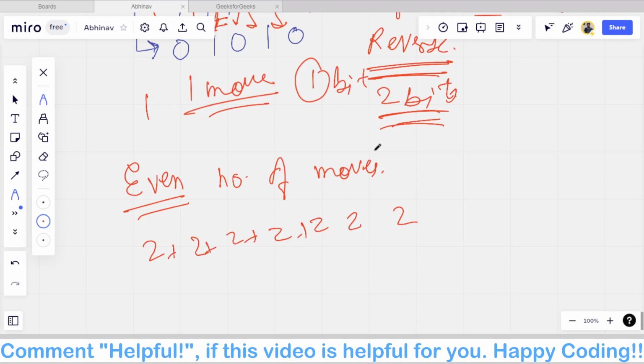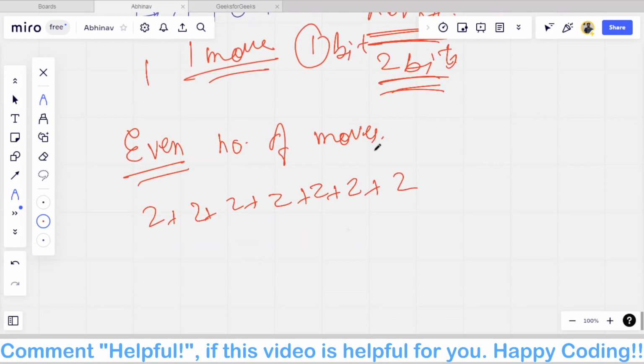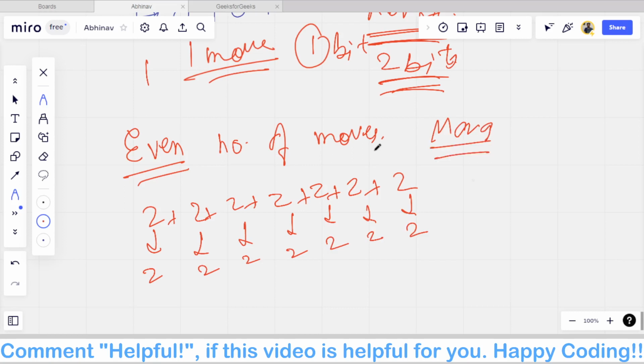In every two moves, we can flip the value of 2 bits. So we can easily flip the bits which are required, because we have to maximize the string lexicographically. So obviously we have to make the zeros into 1. In the first two moves, we can take two zeros and convert them to 1, like that.